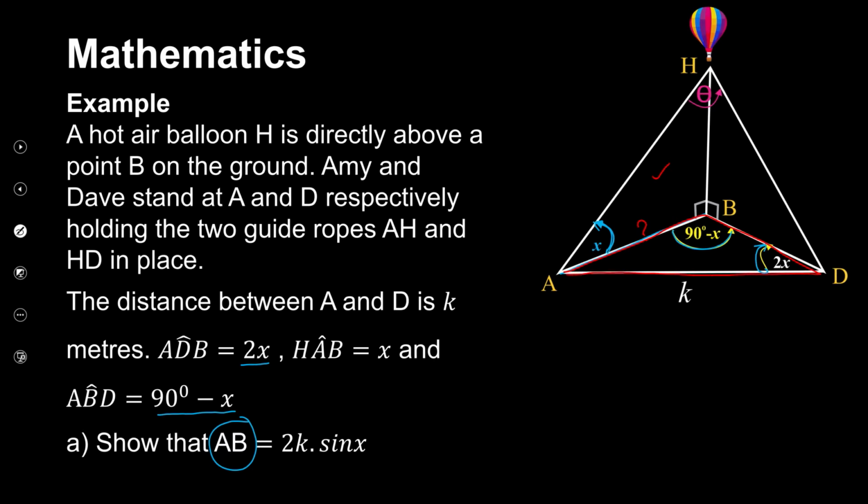So let's check what we have. We're looking for that. We've got the angle across it. And if we look here, we've got a full pair of angles and its matching sides. So we've got this angle 90 minus x, as well as the side across it. We have this angle, and we're looking for AB, which means we can easily use the sine rule. So that's where we'll start.